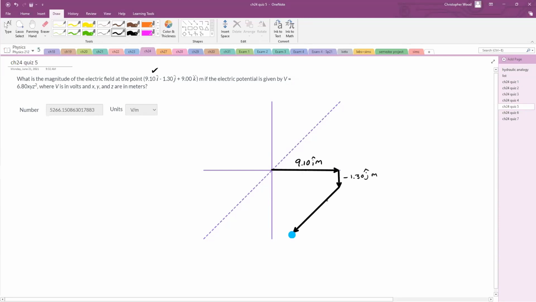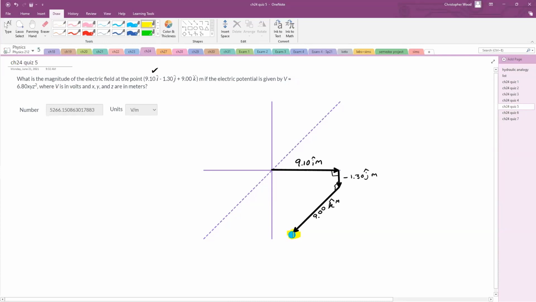Then you come out of the screen in the positive k-hat direction, the z direction, another 9.00 k-hat meters. X and Y are perpendicular, and the XY plane and Z are perpendicular, so I always add these little indicators to give some three-dimensional appearance. But this is where Probert is standing, exactly at this point in three-dimensional space.